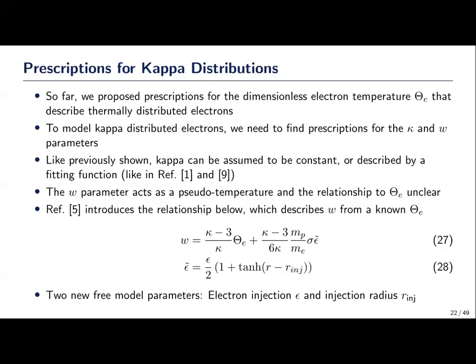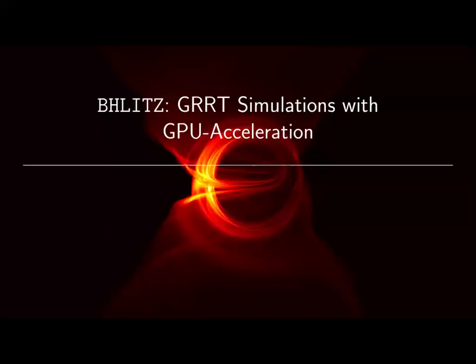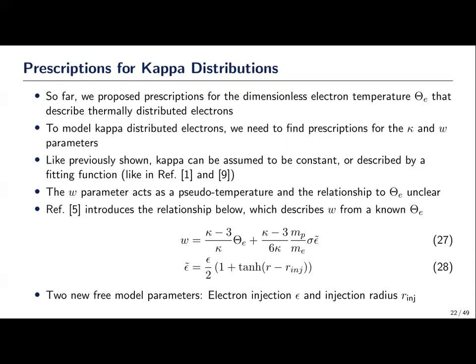You're not the only one; to me it also feels a bit sketchy, but this is the best we can do right now to analyze the relationship between this w parameter and the otherwise thermal electron temperature for a thermal distribution. One last mention: we have to do the same thing for the kappa.